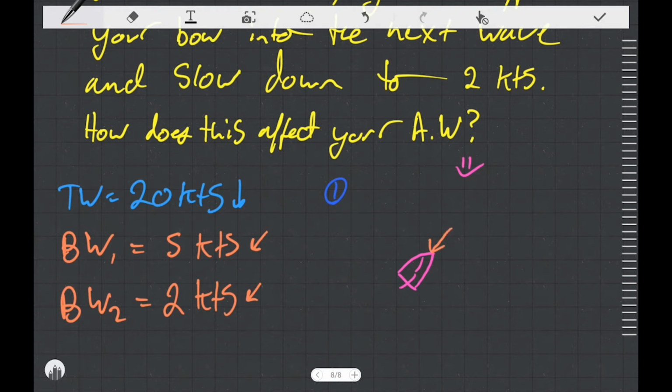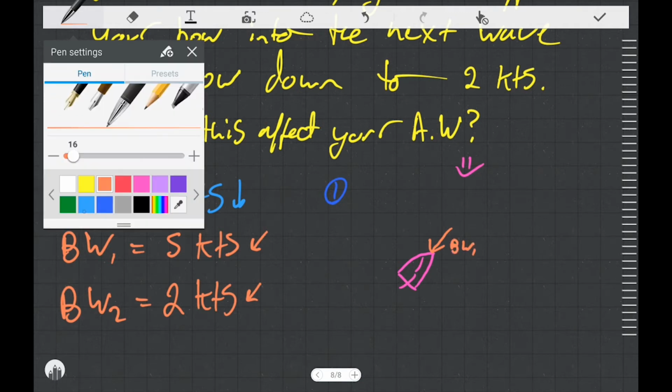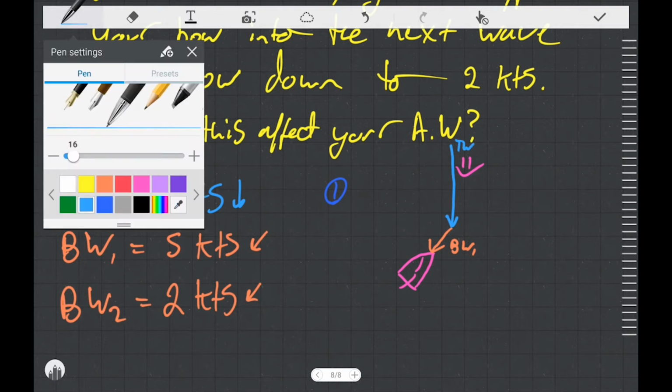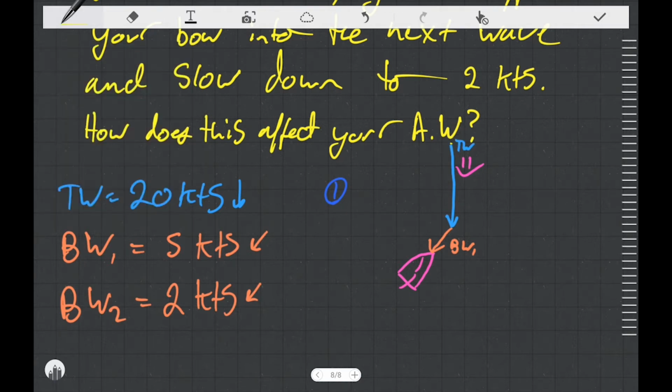Okay, so that's a 5 knot boat wind 1. We have 20 knots worth of true wind to draw here, and it's only just barely going to fit. 5, 10, 15, 20. Call that the true wind. And the last thing we're going to draw is the apparent wind, and we're going to connect it from the tail of the true wind to the tip of the boat wind. And that'll be the apparent wind number 1. So that's diagram 1.